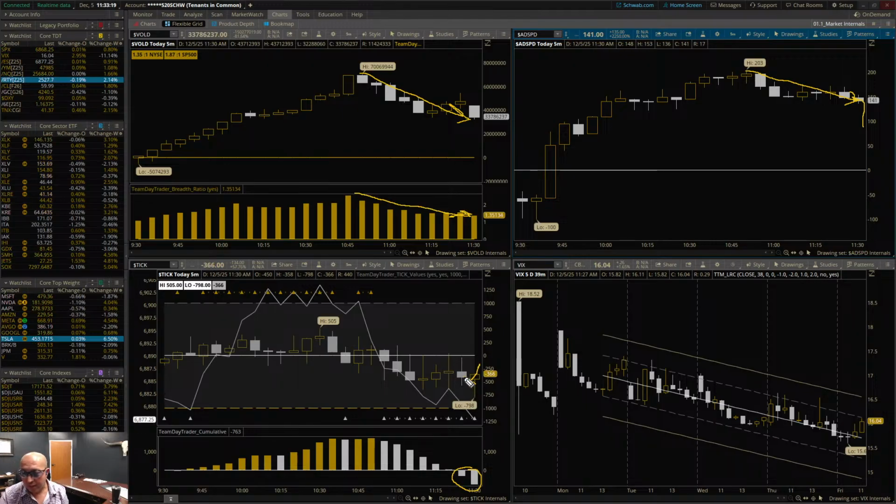If this starts really getting worse and we start hitting like a negative 1,000 on the tick, somebody who's bearish is going to be like, yup, selling action is coming into the market.